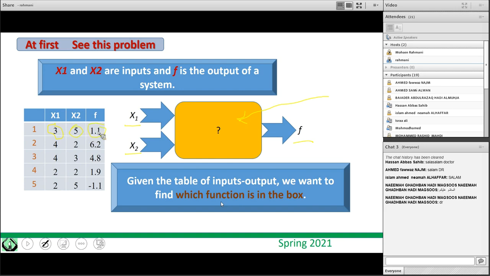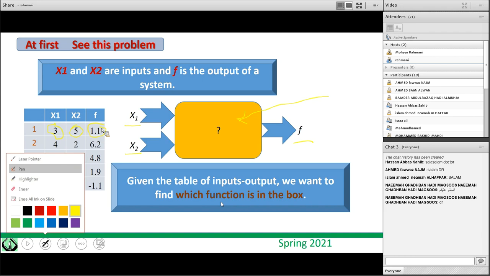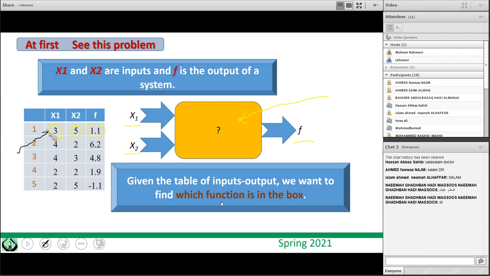We know that if the input x1 is 3 and x2 is 5, then the output is 1.1. We have 5 examples here, 5 samples in the system.